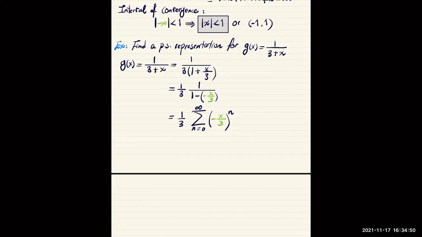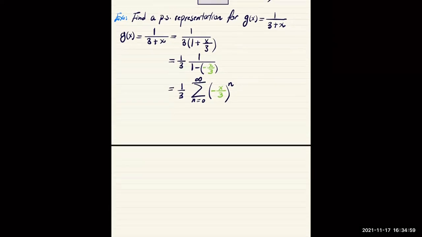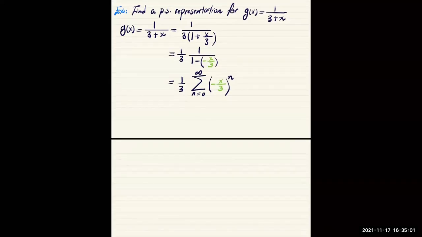But what you want to do is rewrite this so you can identify the coefficients. You want a formula for the coefficients. So you can write that as, and I want you to do that, please, just separate the factors. When you do that, we're going to end up with negative 1/3 to the power of n times x to the n.